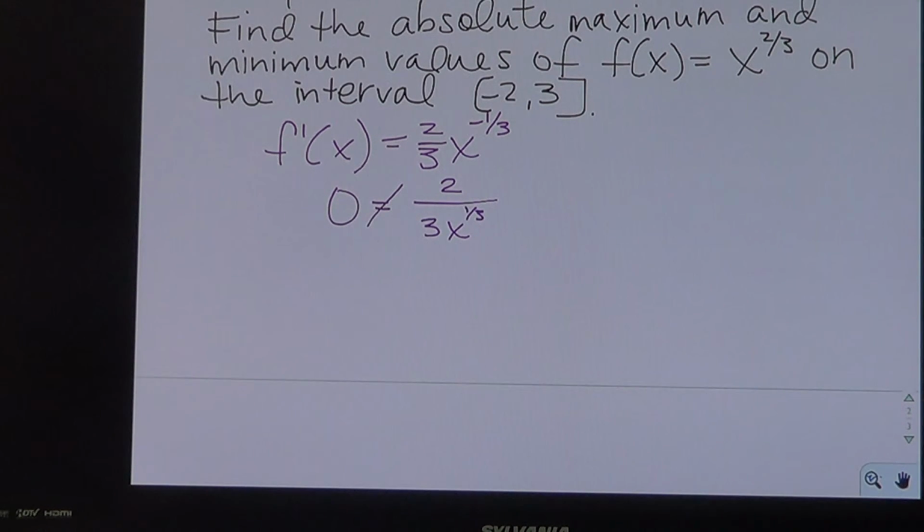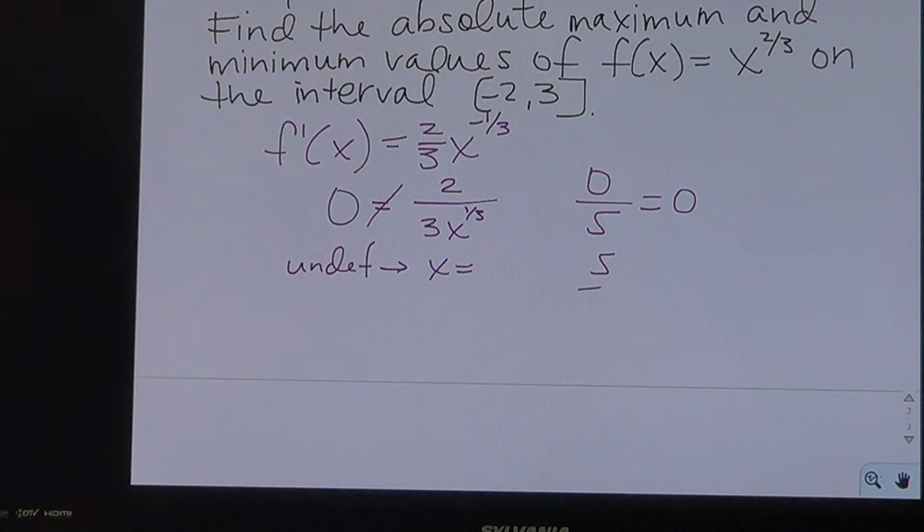But remember, a critical point is also where it is undefined. So where would it be undefined? If you have a fraction, when is the fraction undefined? Like 0/5 is 0, right?